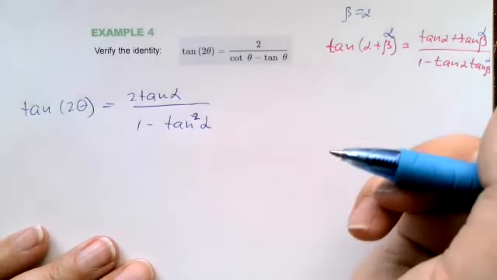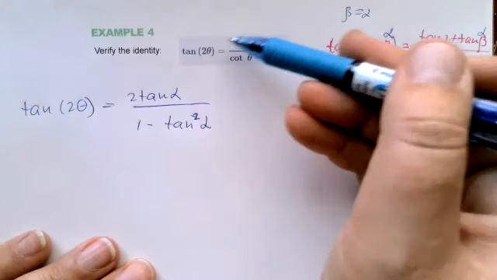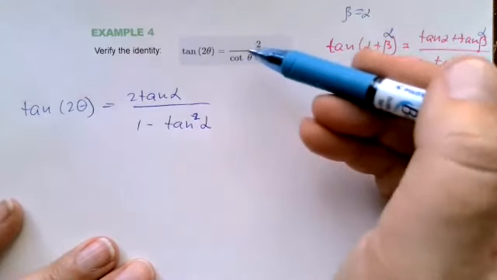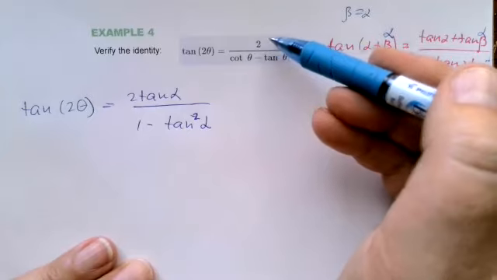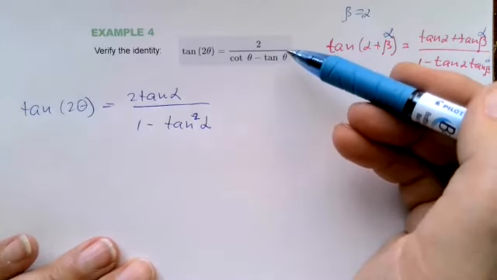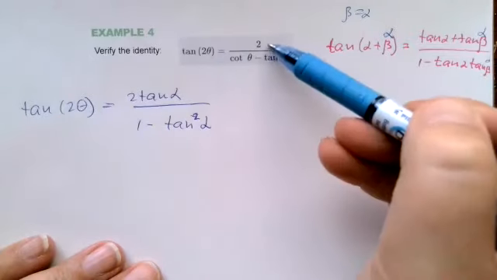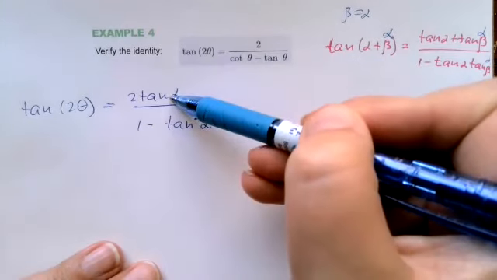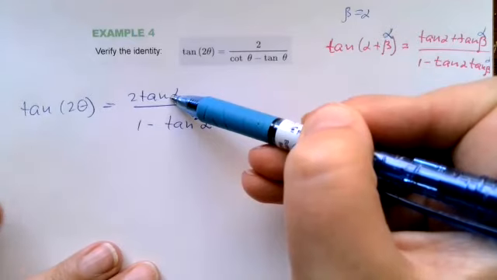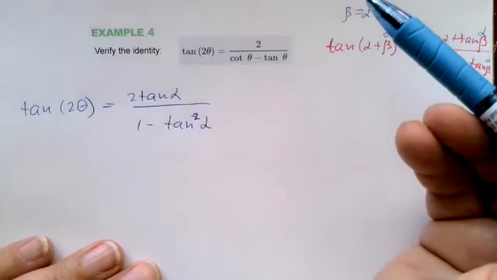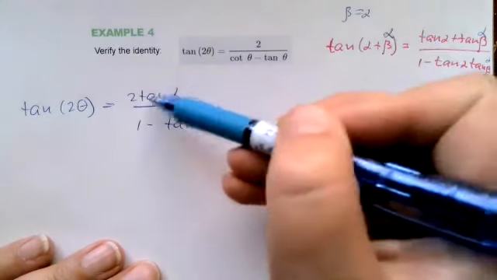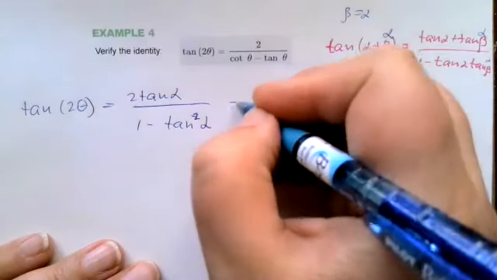So what am I going to do? Look at this right side. This is where I'm headed. This is what I want it to be equal to. So I see that I have 2 in the numerator, and here I have 2 tangent alpha. So I want to divide this numerator by tangent alpha.